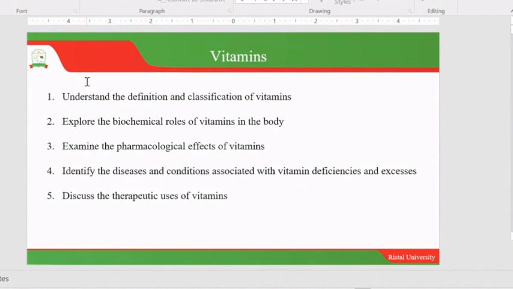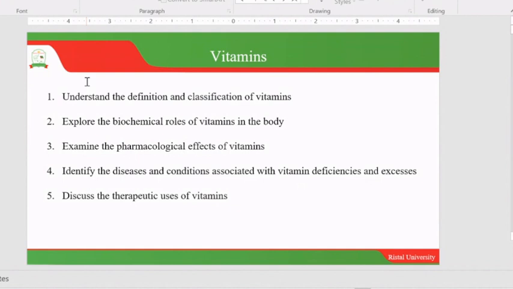And the same also, you should be able to explore the biochemical roles of vitamins in the body. What do they play? And on a deeper level, we'll be looking at a few structural components and how the different structures play their different roles in supporting the optimum health, or the overall health, I should say.